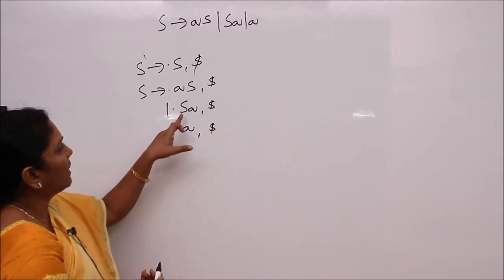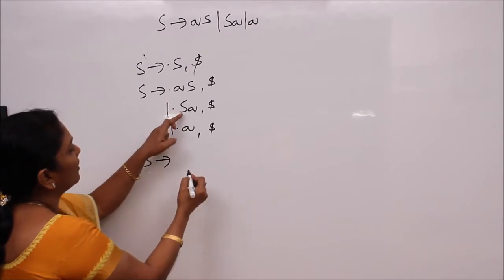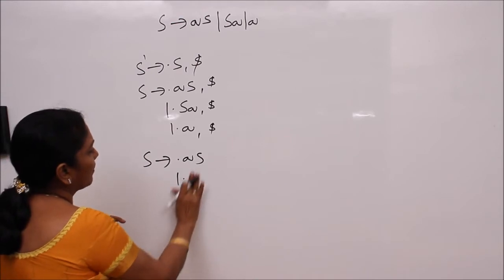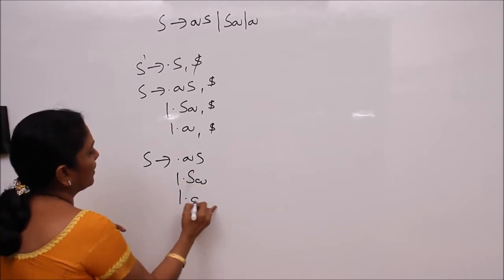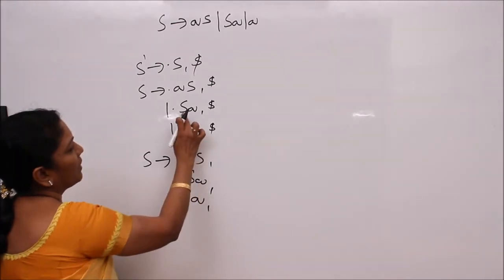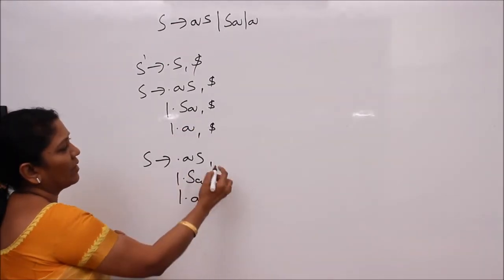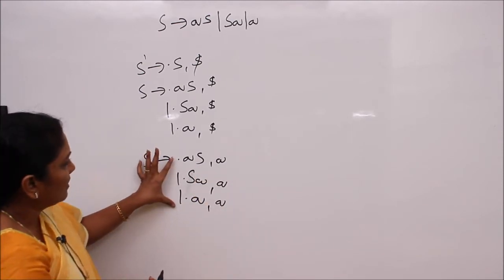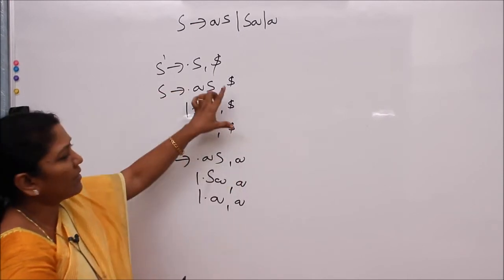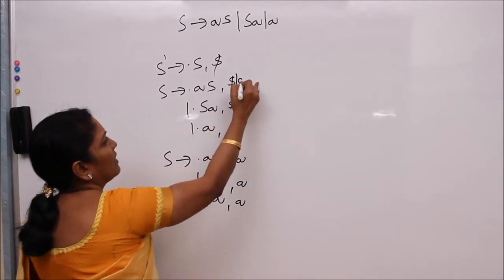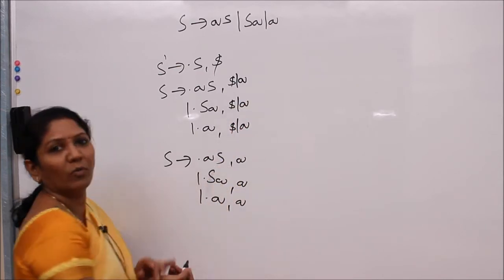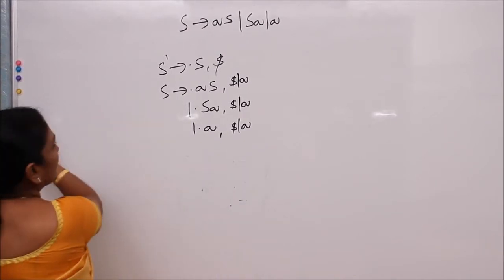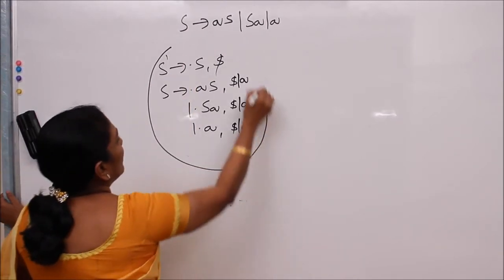Now because of this S, you may have to add once again dot AS, dot SA and dot A, where the look ahead is first of A dollar, which is A. Since these LR0 items are the same and only the look aheads are different, you can merge these two into a single one by adding the look ahead over here. This is your I0.